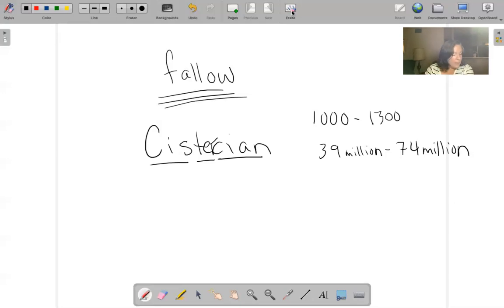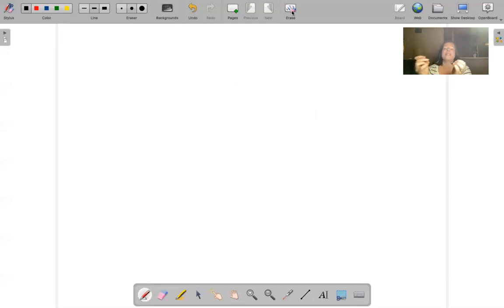All right. And this farming made medieval society's economy boom. Boomed means went wild.